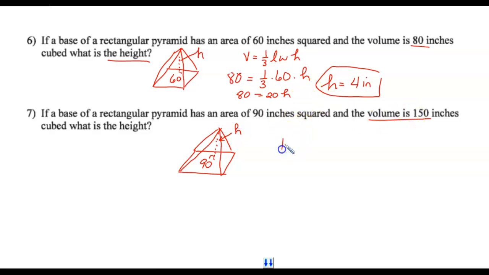So we know that the volume is 150 inches. And it's 1/3 the area of the base, which is 90, times the height of the pyramid. 1/3 of 90 is 30. And if I divide by 30, my height is 5 inches.